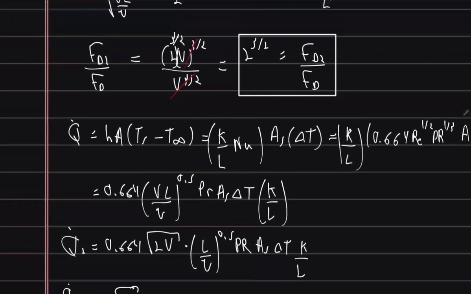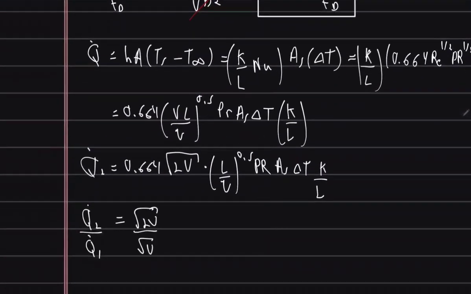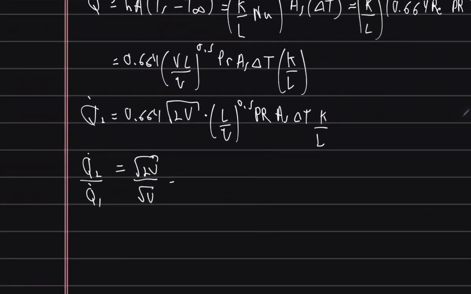Similar to the exponent breakdown over here, the square roots are really just exponents, so we can cancel out the square root of v.